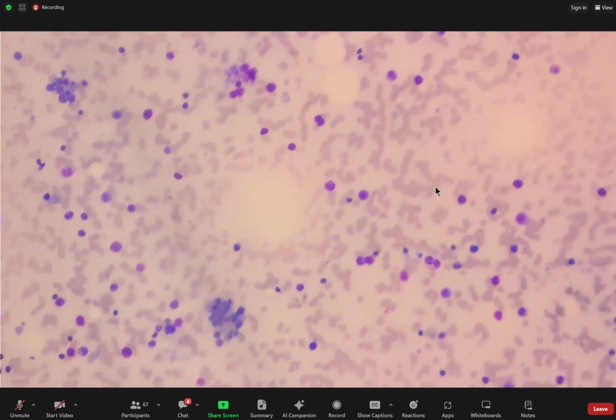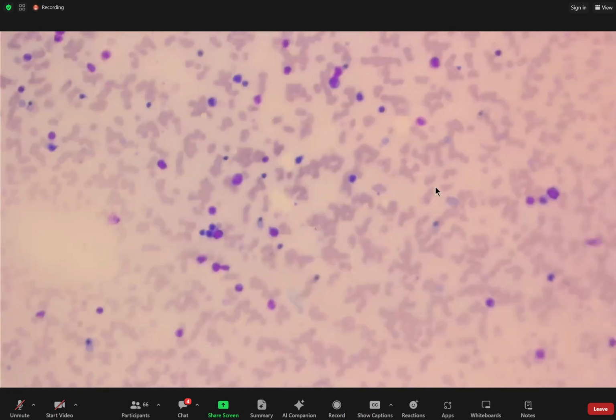So actually, when they reported this marrow, they only mentioned erythroid hyperplasia and peripheral reticulocytosis likely secondary to underlying IHA. But otherwise, there's no increase in plasma cell or any blast or even abnormal lymphoids.